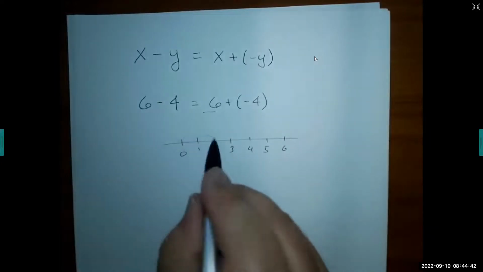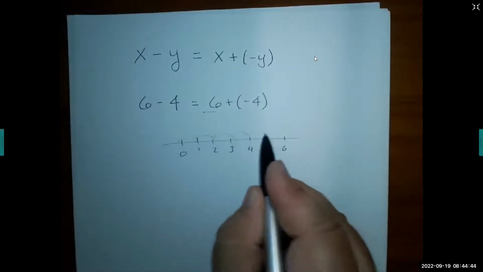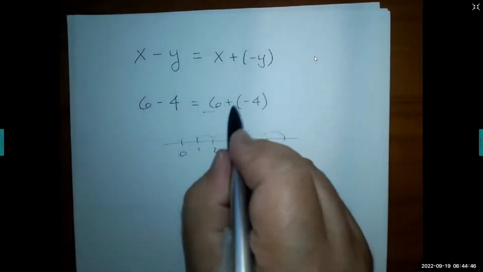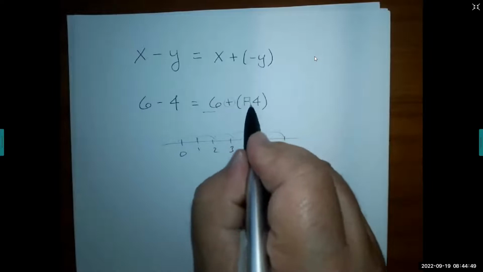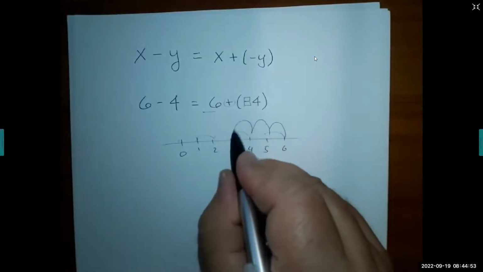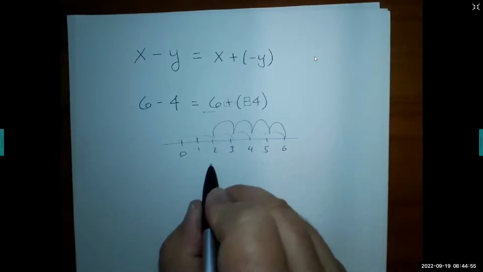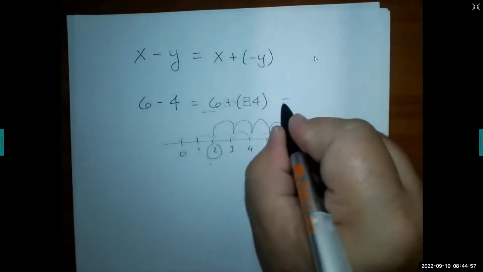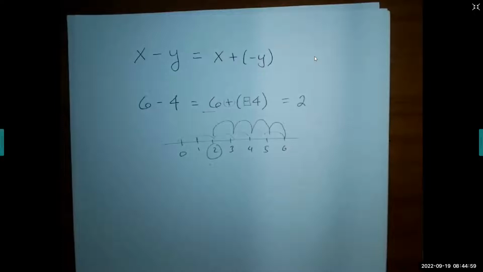And then we're changing, going the opposite direction now, 4 spaces. 1, 2, 3, 4. And there's your answer. 6 minus 4 is 2.